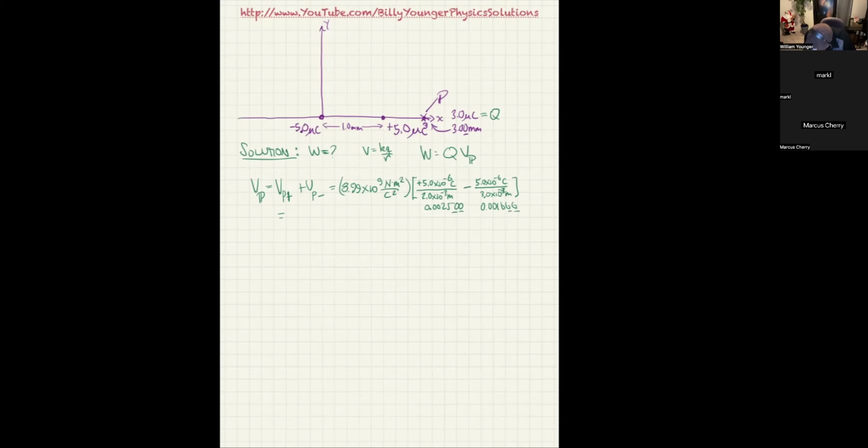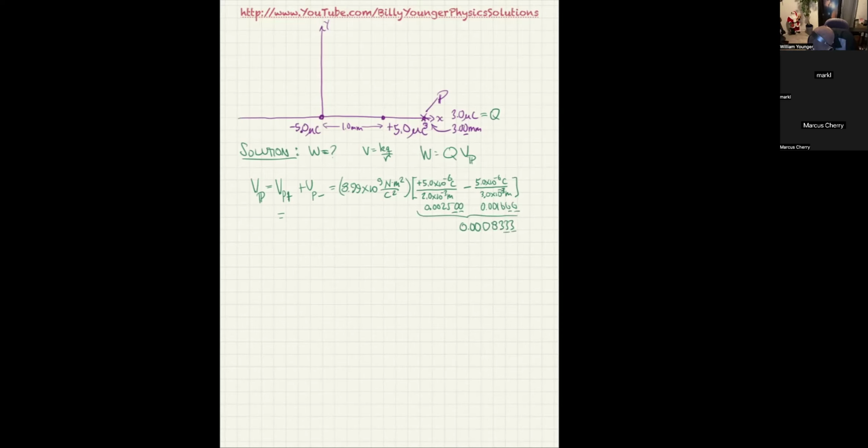So I'm going to take this number, the 0.0016, and add it to the 0.0025, and that gives me 0.00083333. Okay, that's the whole answer inside.